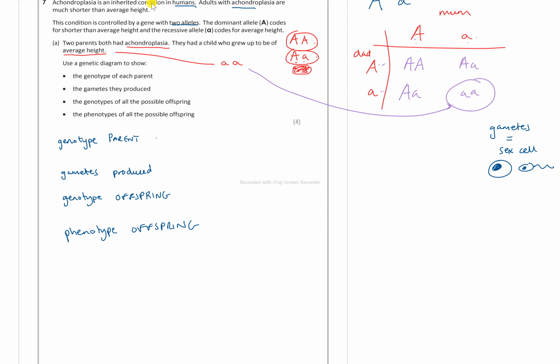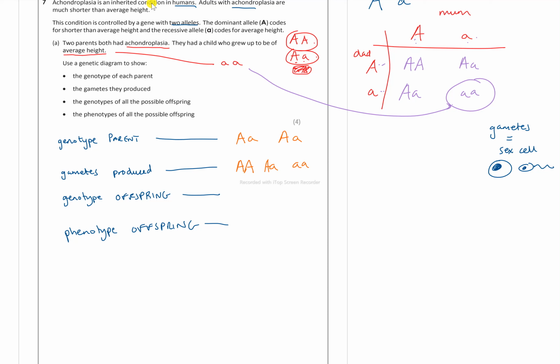So we figured out that the parents have Aa and Aa, and you've just got these two. What they're going to produce: an AA, a capital A and lowercase a, and an aa.